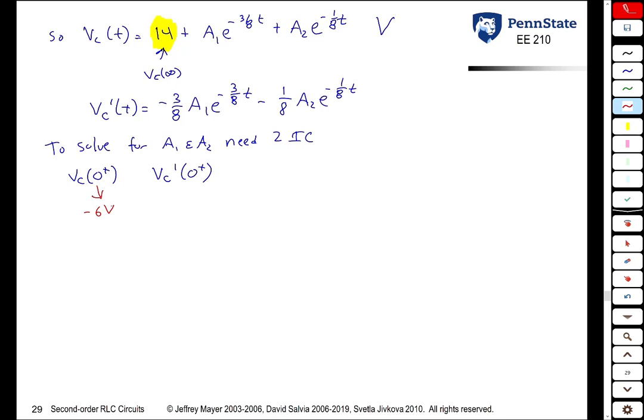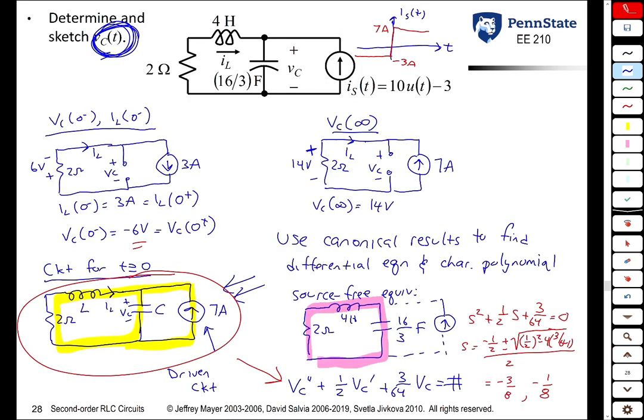VC prime of 0 plus we need to get from the second initial condition that we have, which is IL of 0 plus. How do we do that? If you look back here, you see that the current through this capacitor, IC, which in turn is C times dVc dt, is equal to what?